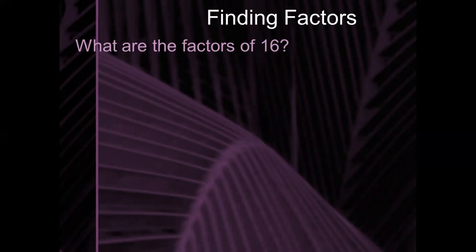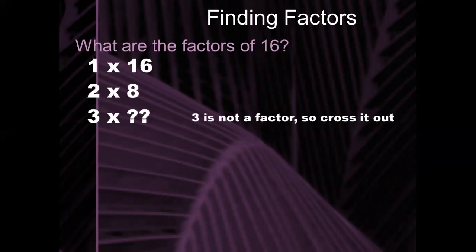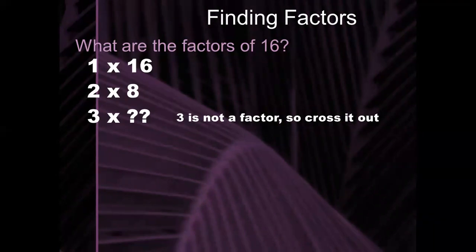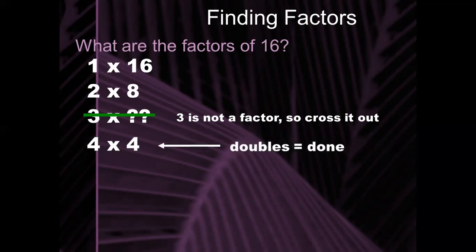Okay, finding the factors of 16. We will write 1 times 16, 2 times 8. Is 16 in table 3? No, so we'll cross out 3. 4 times 4, and here we have 4 multiplied by itself.